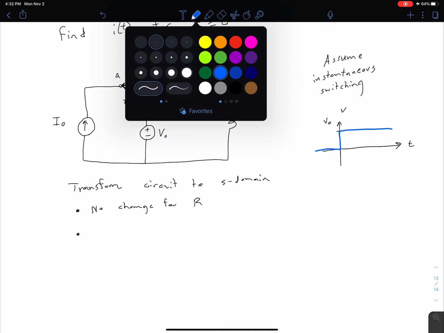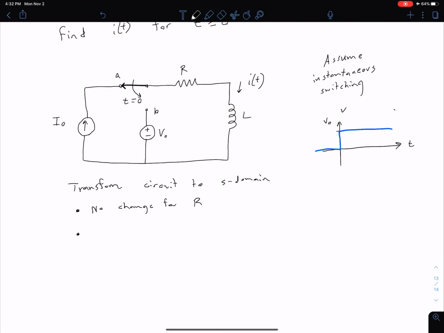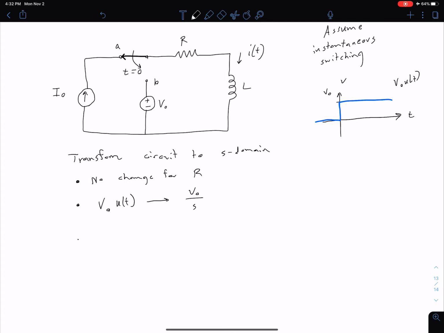This is just our step function times V0, a scaled version of our step function. So our voltage source is V0 times u of t, and taking the Laplace transform of that gives V0 over s.